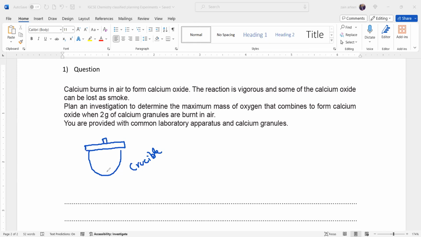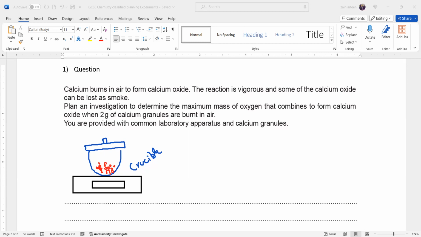In the crucible, we'll take granules of calcium, 2 grams of calcium granules. We know it's 2 grams, but we'll place this crucible with the lid and the calcium on the balance to know what mass is there, like what is the mass of this whole apparatus.